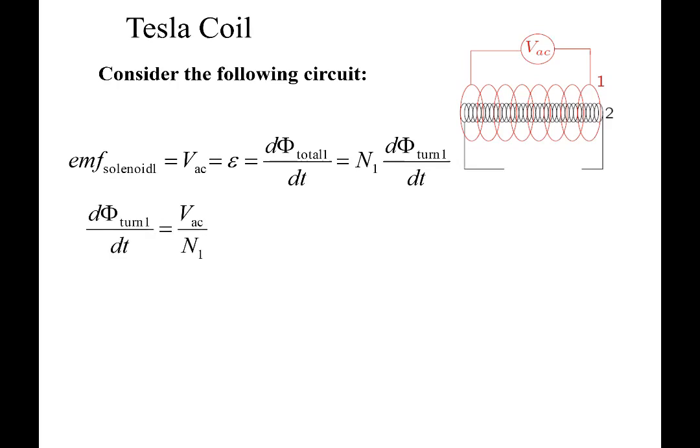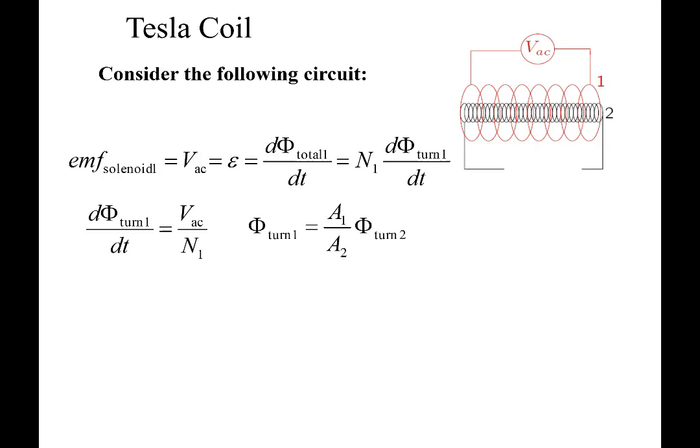So now I can rearrange the previous expression by defining that the rate of change of magnetic flux in one turn of coil 1 is equal to the input voltage V sub AC divided by the number of turns in coil 1.